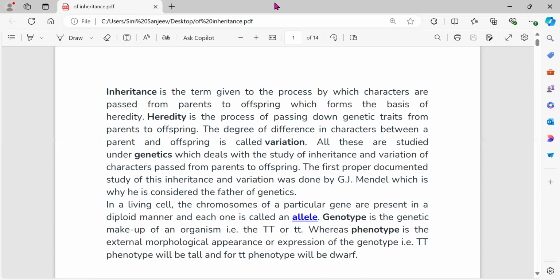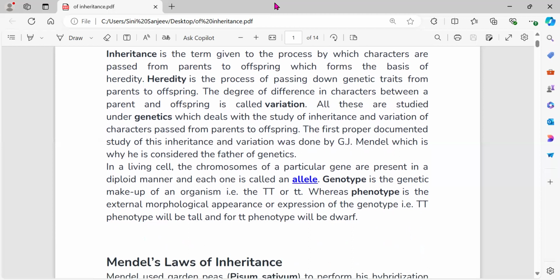Whenever the XX and XY chromosomes combine together, haploid plus haploid combine to form diploid. Hence the chromosomes that baby will have will be in diploid manner. And that particular gene present in an offspring is called an allele.